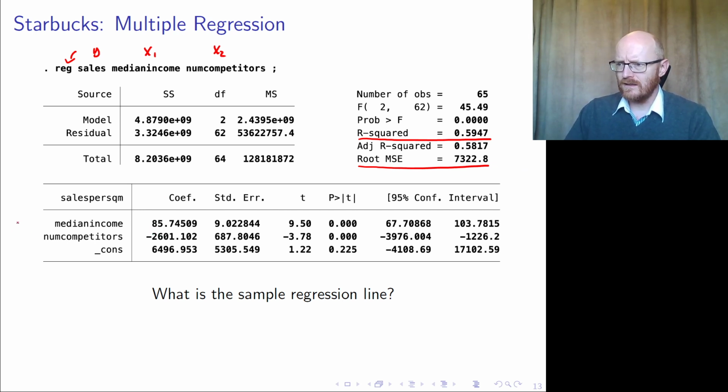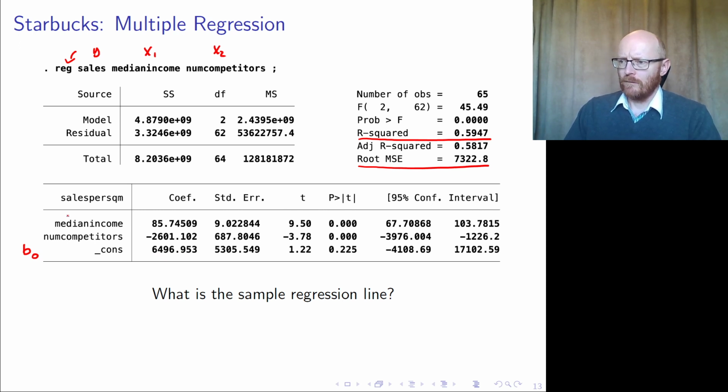Okay, so what does this mean? It means that the intercept is the constant here. It's 6,496, which is an extrapolation, so we won't interpret that much, because if median income is 0 and the number of competitors are also 0, then the model would forecast that you would sell 6,496 per square meter per year, where nobody lives.